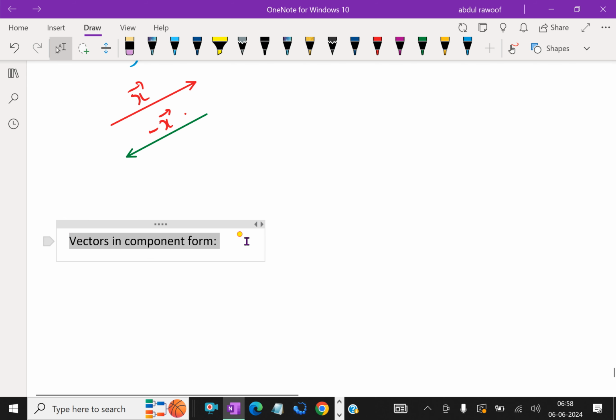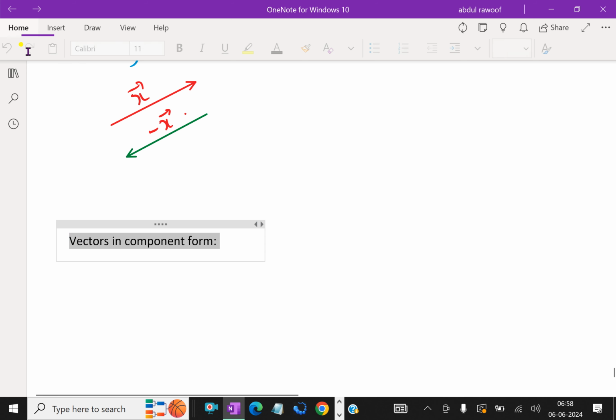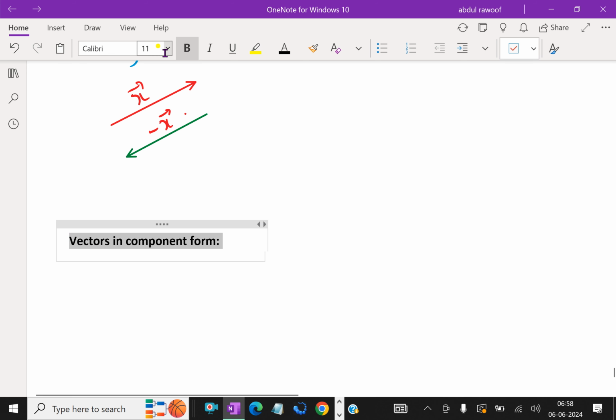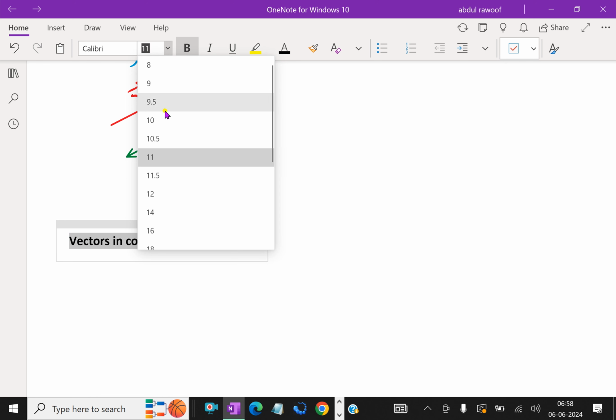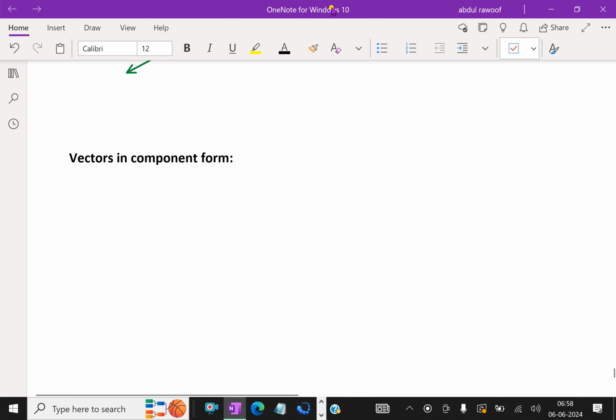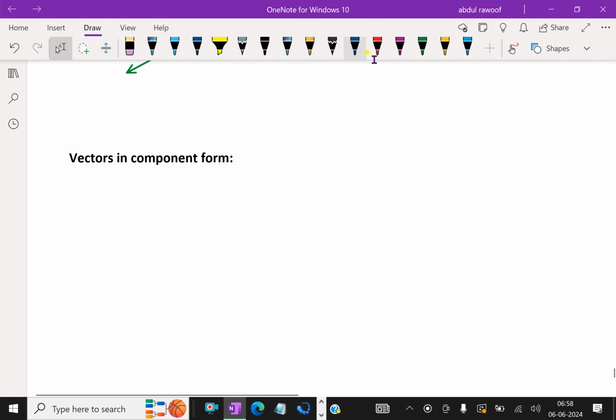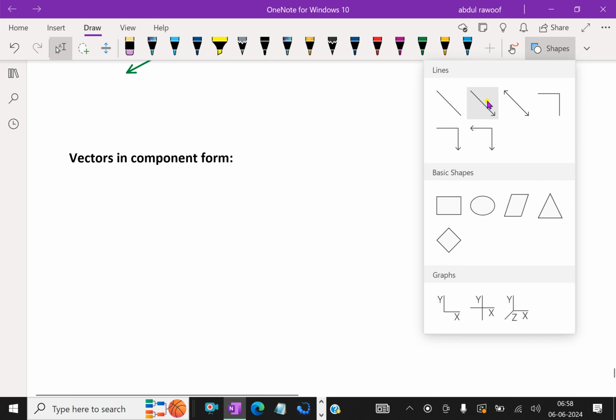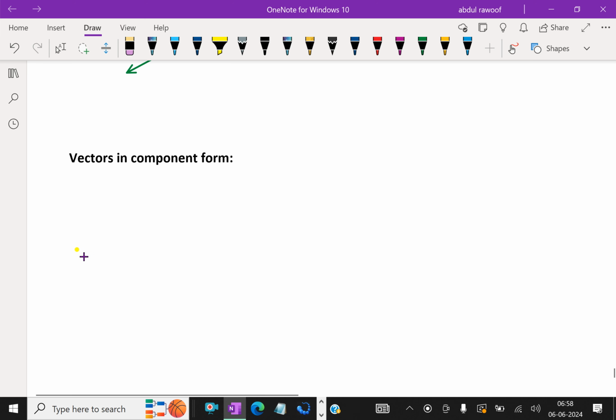Vectors in component form means it has two components, an x component and a y component. Look at here. Consider one vector. This is a vector given.